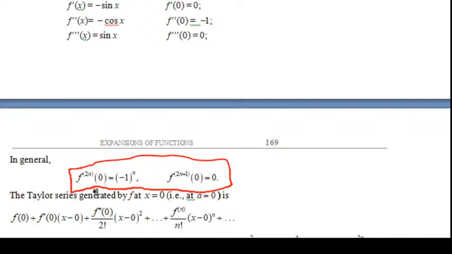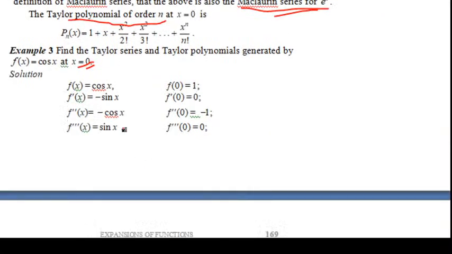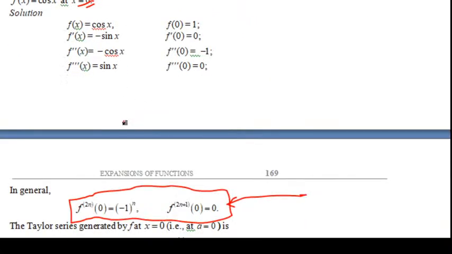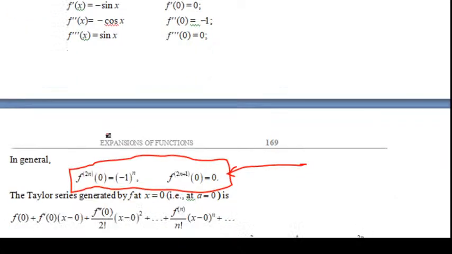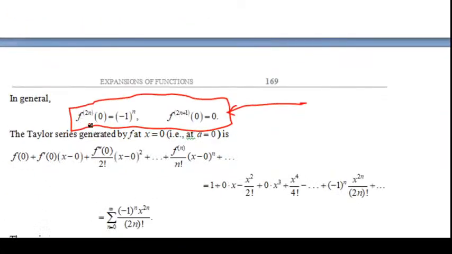So this is very important, very, very important, because while solving these trigonometric type problems, cos x, sin x, etc., we have to write general form expressions like this.